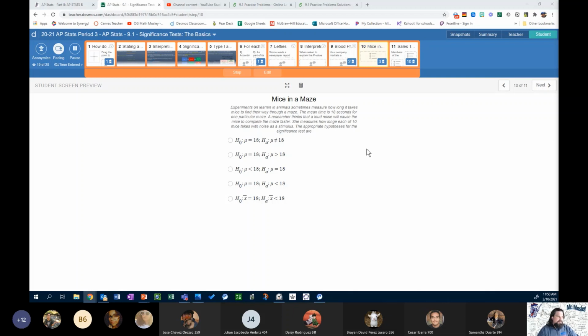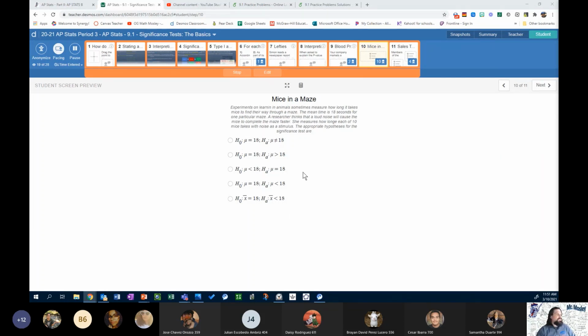Based on this context, our value will be 18 seconds. We're dealing with an average, so that means we're dealing with mu as a parameter, not x bar. X bar is the sample. We do not deal with sample statistics when we're doing this.